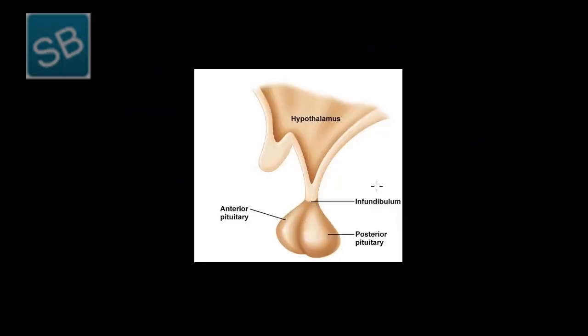As it can be seen from the figure, this hypothalamus is attached to the anterior and posterior lobe of pituitary gland via a stalk-like structure called infundibulum.